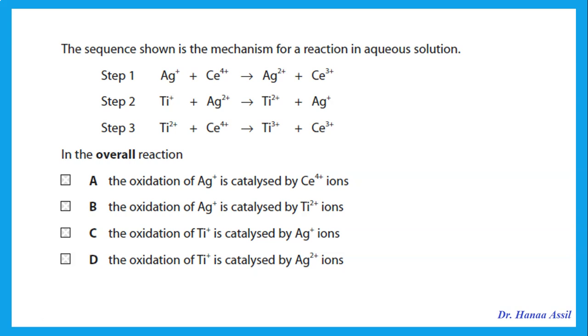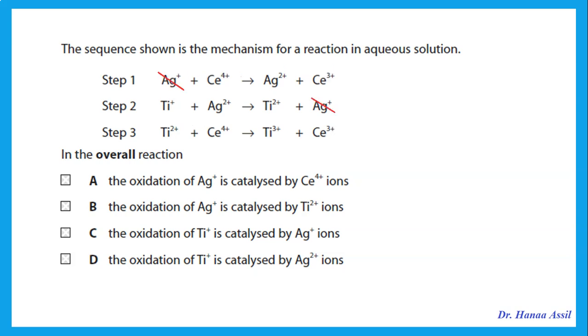You can see that what I have is the Ag plus forms Ag2 plus, and then the titanium plus reacts with the Ag2 plus to form Ag plus, and the titanium 2 plus that is formed will react with the cerium. So in the overall reaction, the silver plus that reacted at the beginning was regenerated in step 2. So actually this is catalyzed by the Ag plus ions.